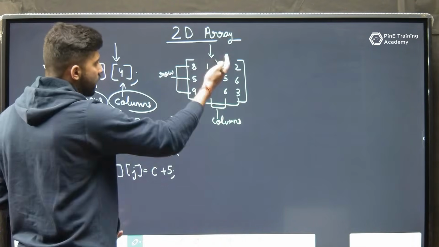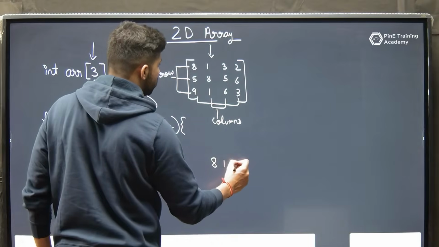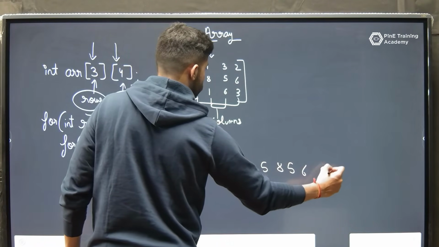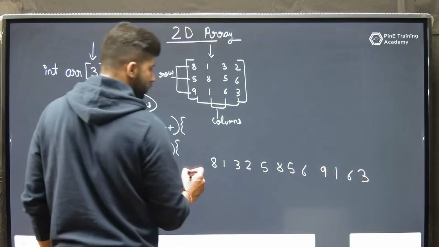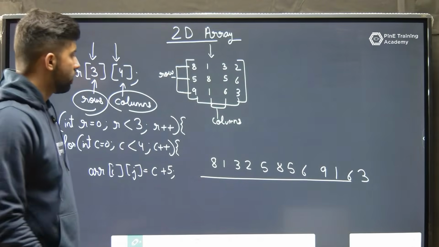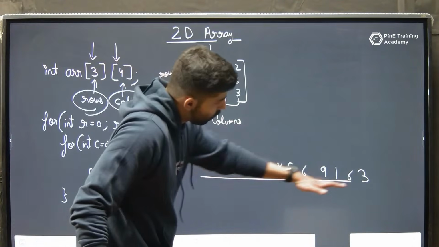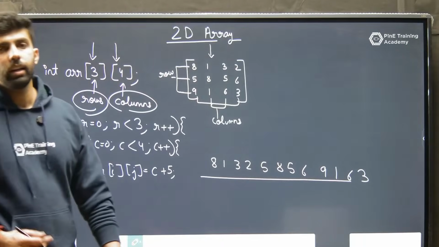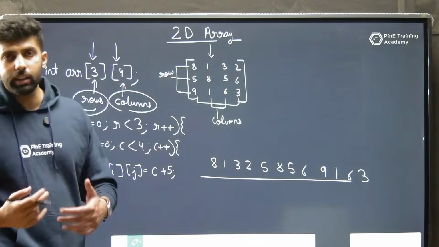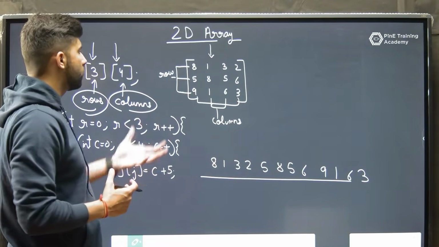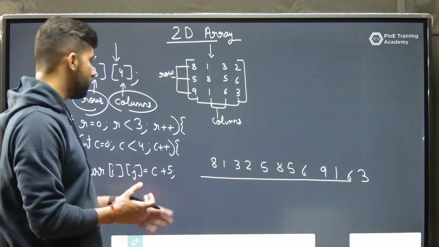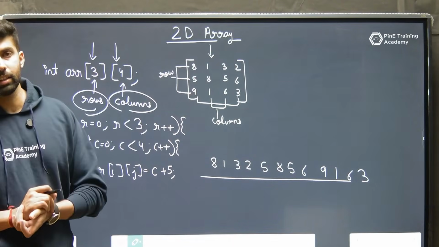In the memory, this array will be stored like this simply. Okay, so this whole data is stored linearly. This visualization is for us, but the actual storage happens like this only. In computer, we don't store 2D arrays like this.